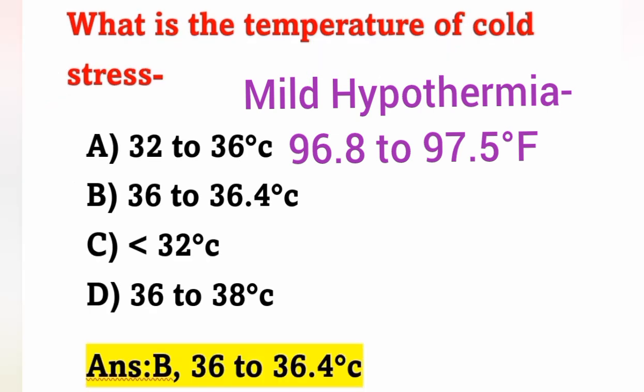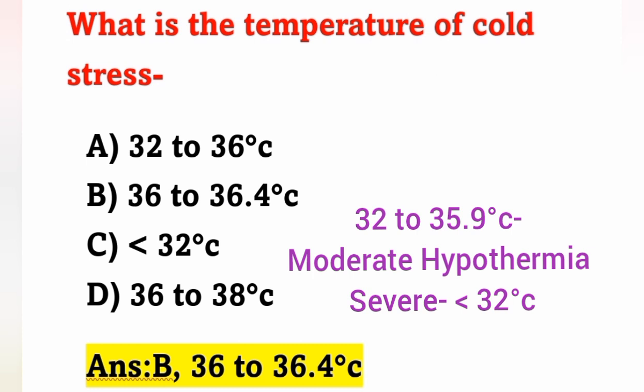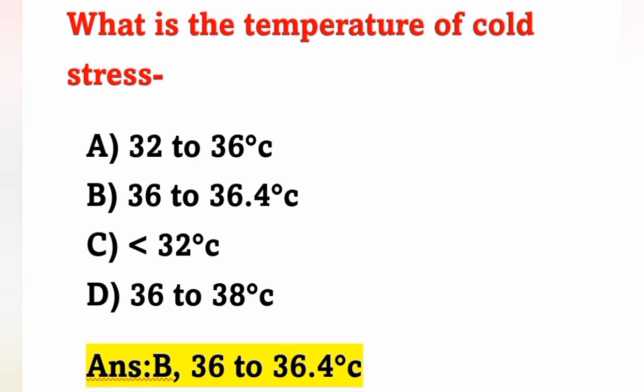So the temperature is between 36 to 36.4 degrees Celsius, or in Fahrenheit 96.8 to 97.5 degrees Fahrenheit. The temperature of moderate hypothermia is 32 to 35.9 degrees Celsius, and in severe hypothermia it is less than 32 degrees Celsius. Here cold stress or mild hypothermia is our question.